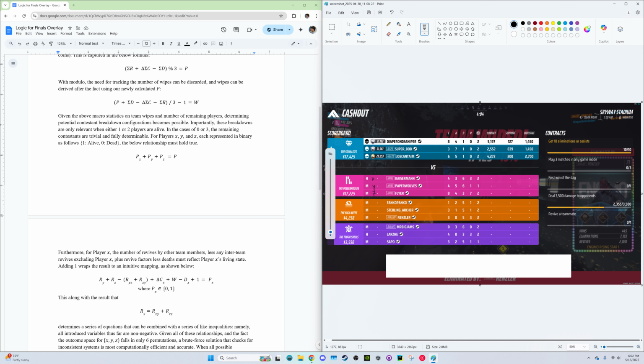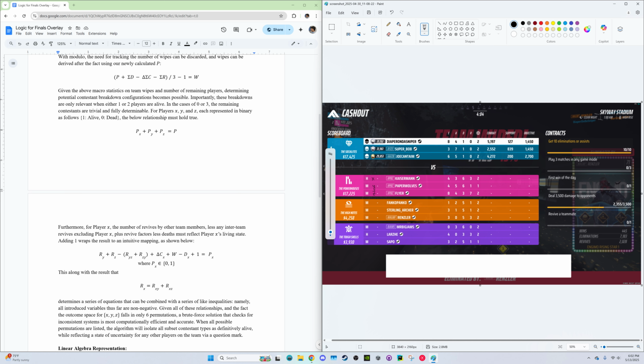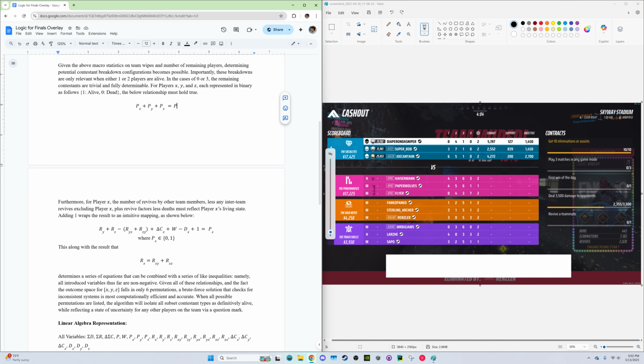So if it's a 0, they're dead. If it's a 1, they're alive. And we know the sum of those contestant values has to be equal to P, the number of people alive, right? So if 2 people are alive, then 2 of them have a 1, and they'll sum to 2, and so on. If 0 people are alive, they're all 0, right? So this is one equation we need to have true.